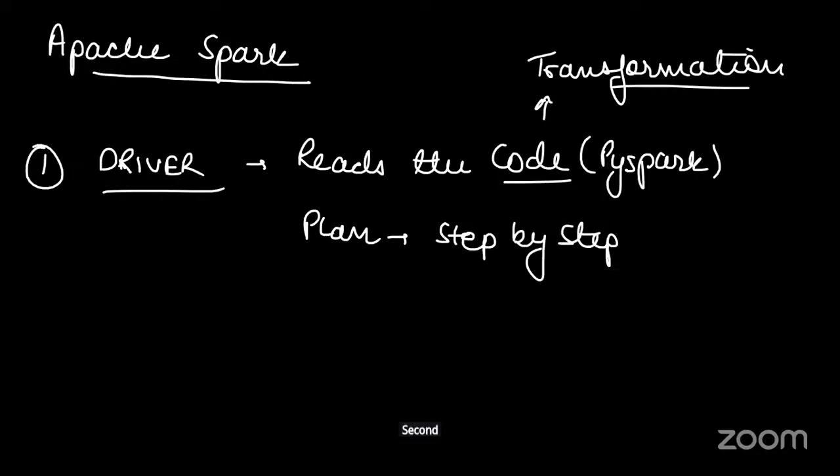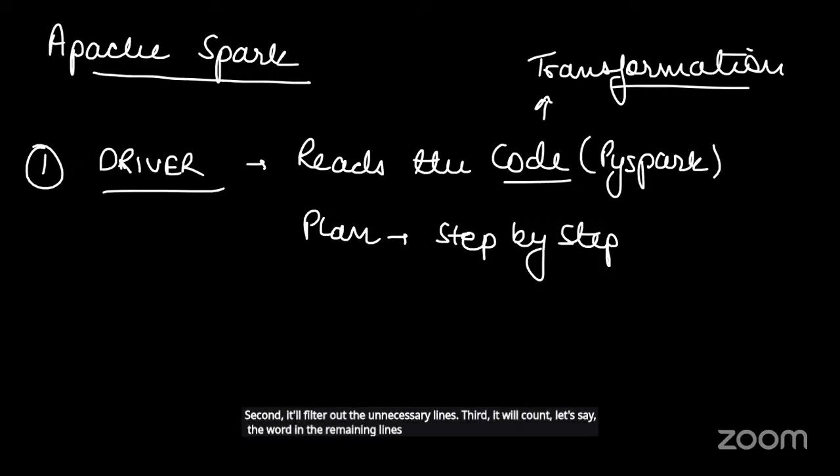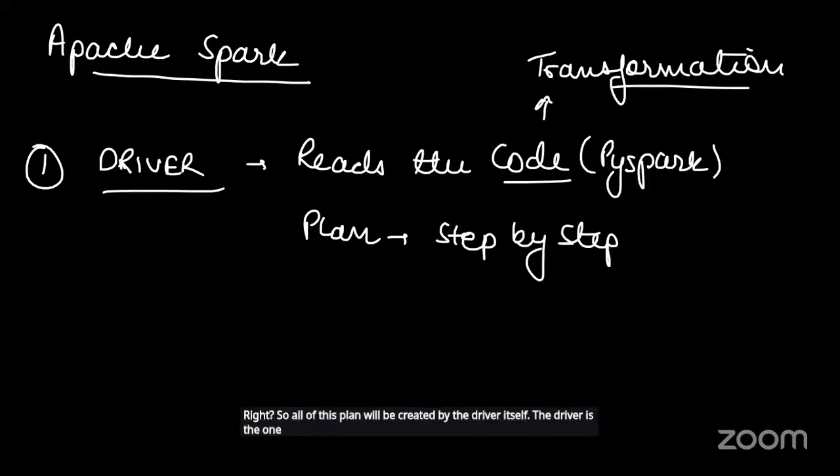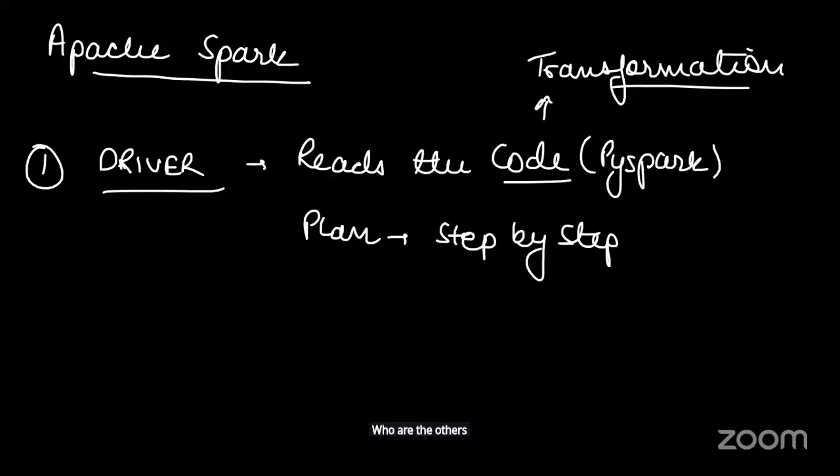Second, it will filter out the unnecessary lines. Third, it will count, let's say, the words in the remaining lines. That is what it wants to do, right? So all of this plan will be created by the driver itself. The driver is the one who's going to give out responsibilities to others. Who are the others? Others are the actual workers.